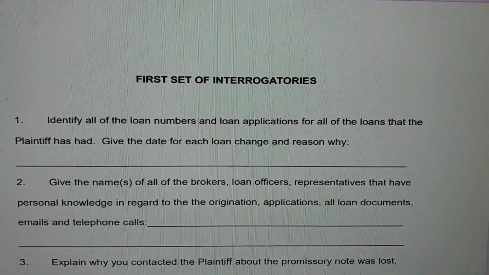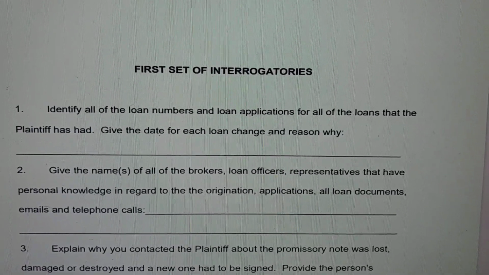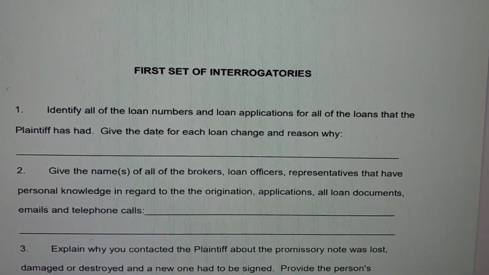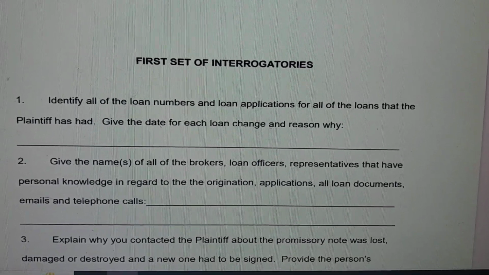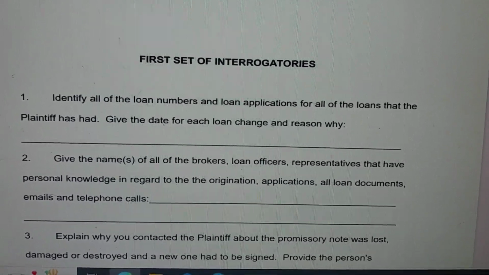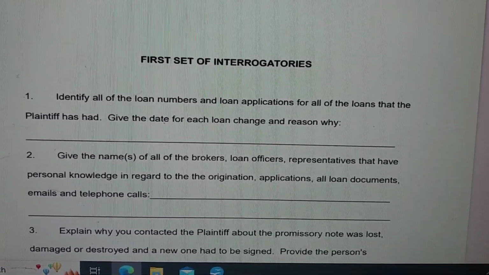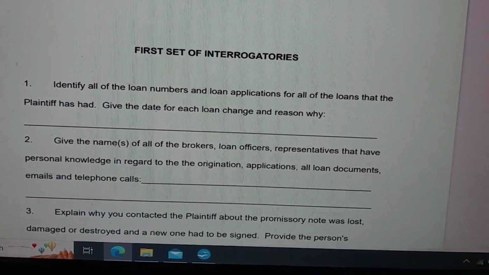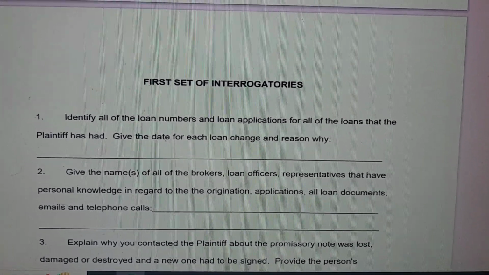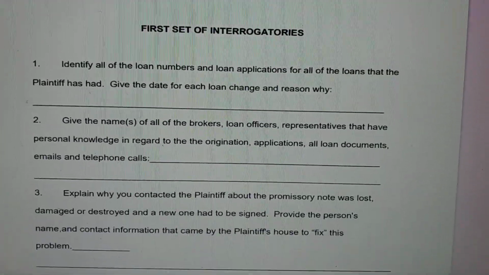Give the name of all of the brokers, loan officers, and representatives that have personal knowledge in regard to the origination, applications, and all loan documents, emails, and telephone calls. Personal knowledge is the key word here. An attorney for the bank does not have personal knowledge, so you might need to object when they try to say something that you know they can't possibly know.